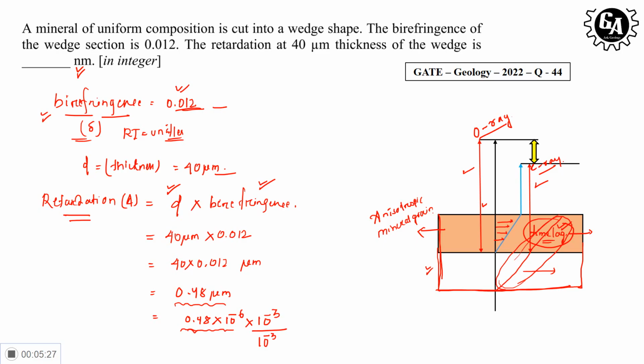You can see that 10 to the power minus 6 and 10 to the power minus 3 together cover up the nanometer, 10 to the power minus 9. Now the 10 to the power minus 3 comes here: 0.48 divided by 10 to the power minus 3, into 10 to the power minus 9. If the 10 to the power minus 3 goes off, then this is 480 into 10 to the power minus 9 meter, that is equal to 480 nanometer.